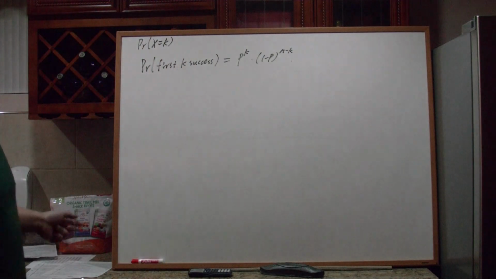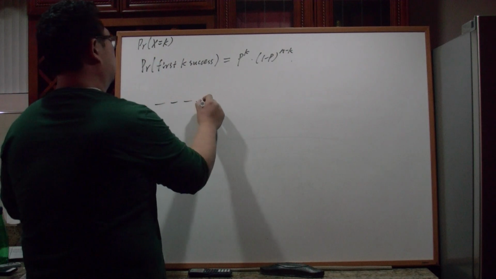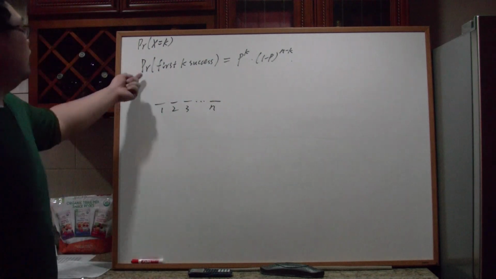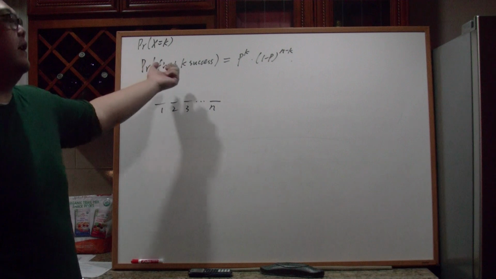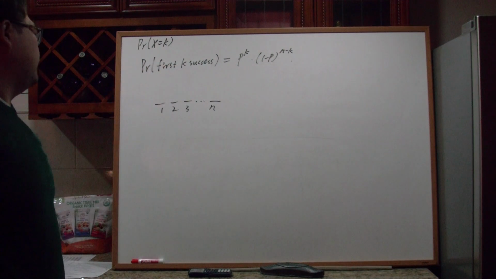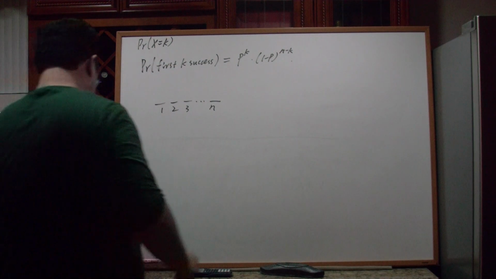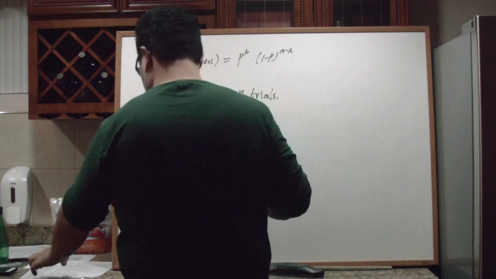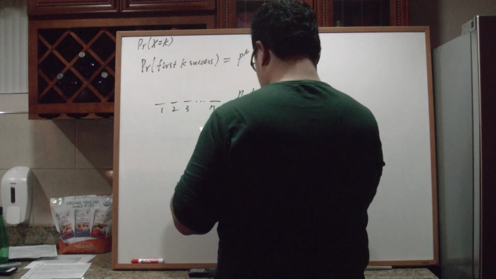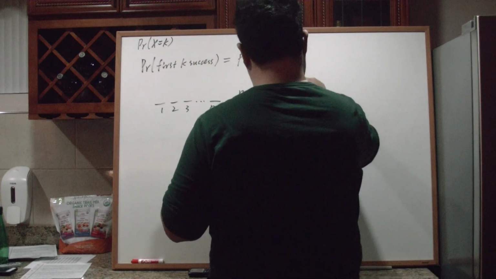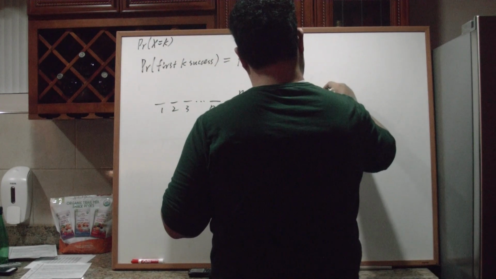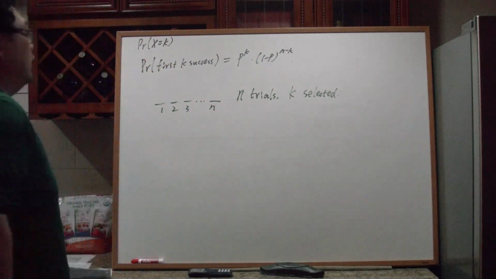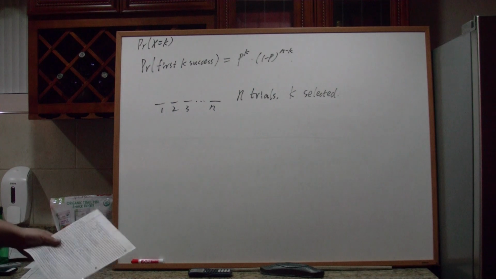Right, but we have n different trials. That one is the special case, the first k being successes. But we have n different trials, and the k items need to be selected.